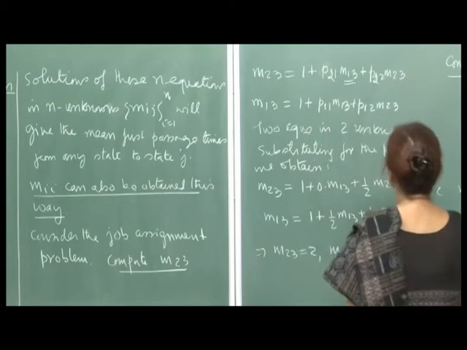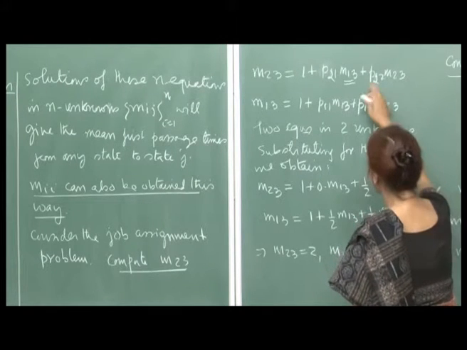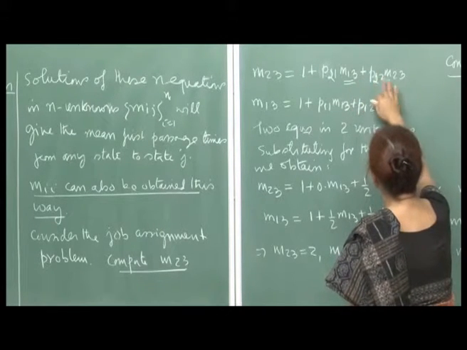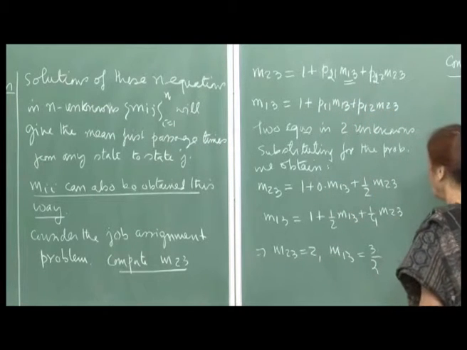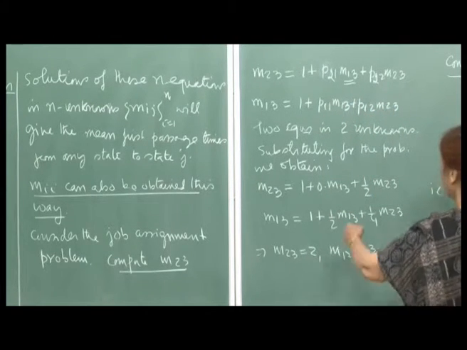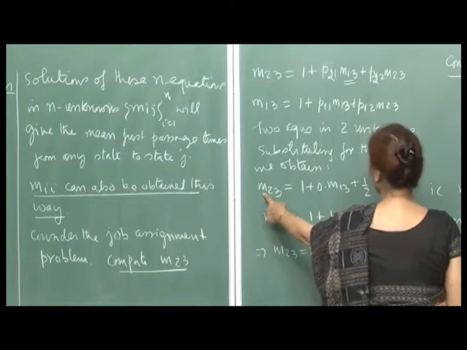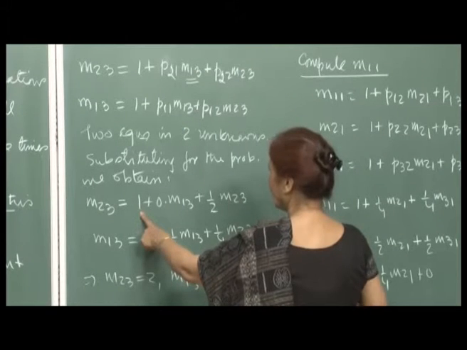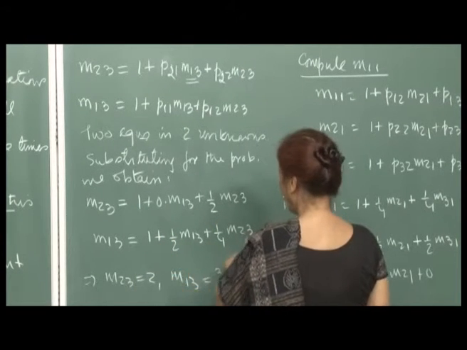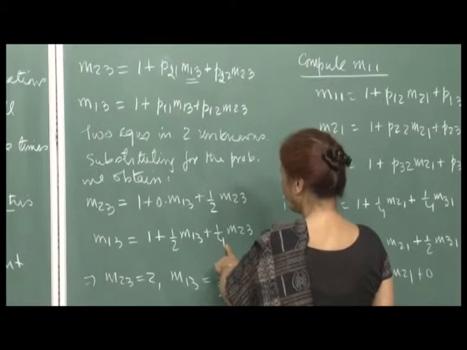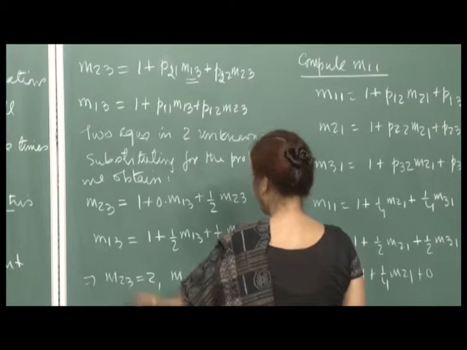Then we have two equations in two unknowns, and substituting the probabilities P21, P22, P11 and P12, I get these equations. It is not difficult, because from here you immediately get half M23 is 1. So, M23 is 2.